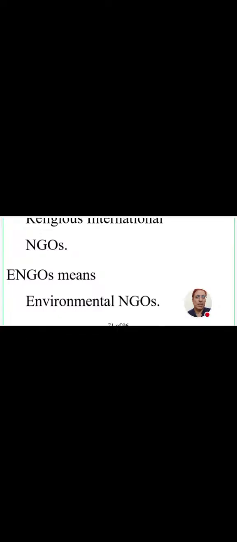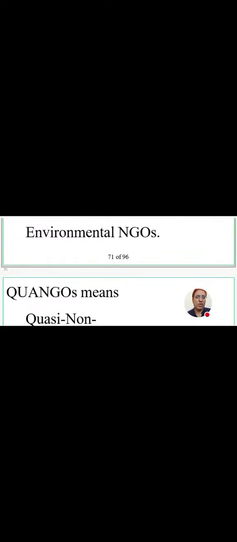BI-NGOs means business international NGOs. RI-NGOs means religious international NGOs. ENGOs means environmental NGOs. Co-NGOs means quasi non-governmental organizations. Co-NGOs are partly created or supported by governments.